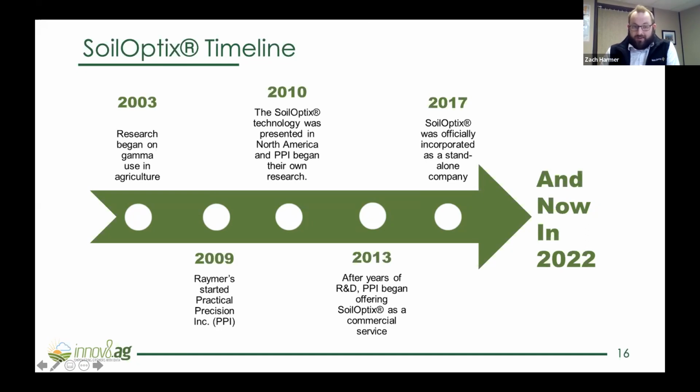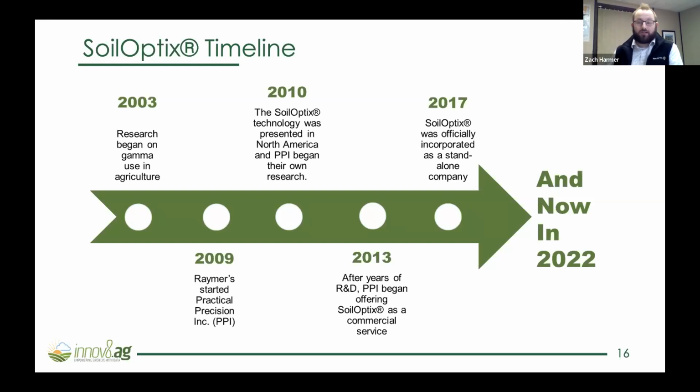About 2009 is when our company, formerly Practical Precision, started. And it was 2010 that we were introduced to this technology, which stemmed from the Netherlands. It was at that point that we began our own research around this technology. 2013 is when we started to offer this as a commercial service to growers here in Ontario.